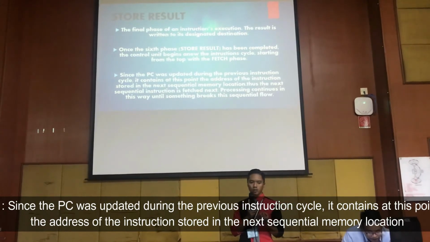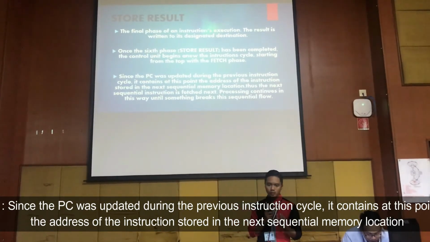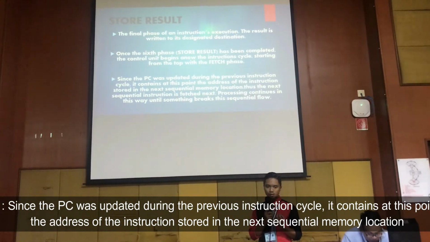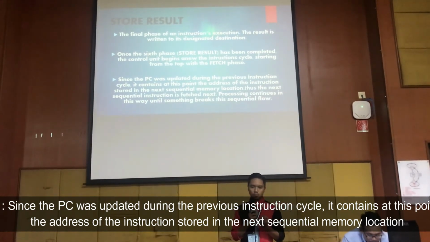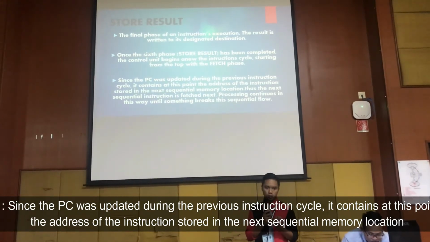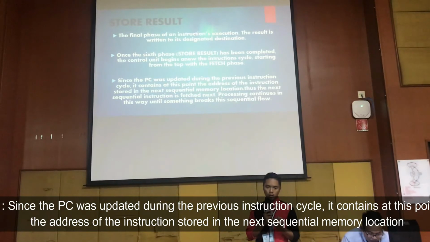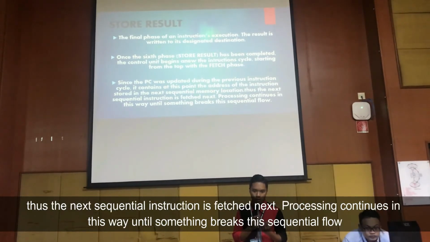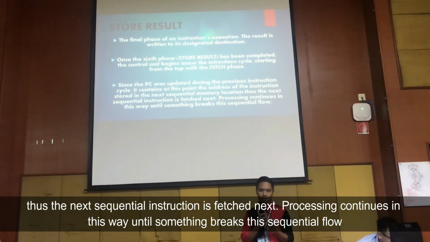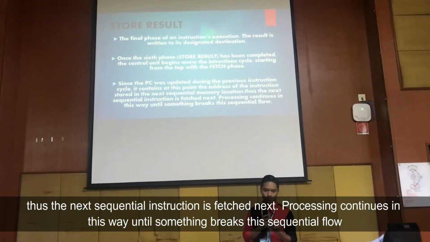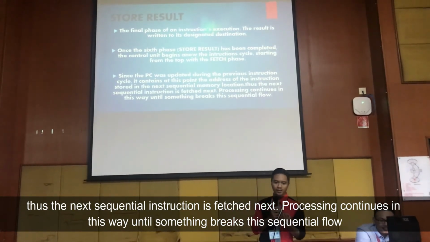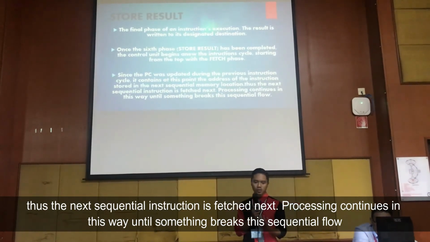Since the PC was updated during the previous instruction cycle, it contains at this point the address of the instruction stored in the next sequential memory location. The next sequential instruction is fetched next. Processing continues in this way until something breaks the sequential flow.